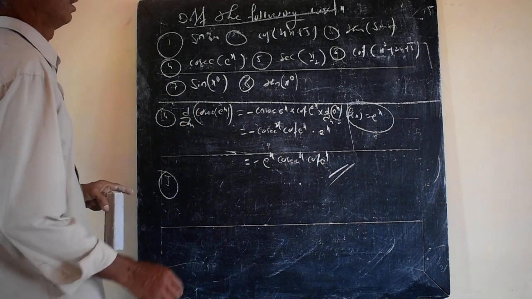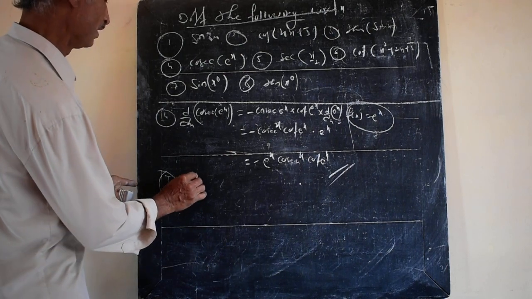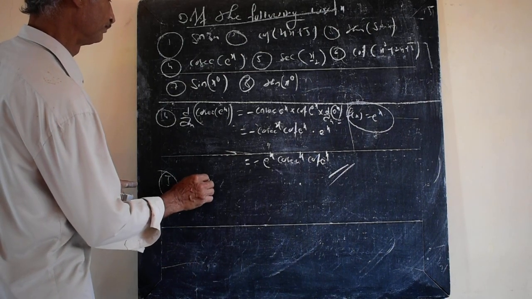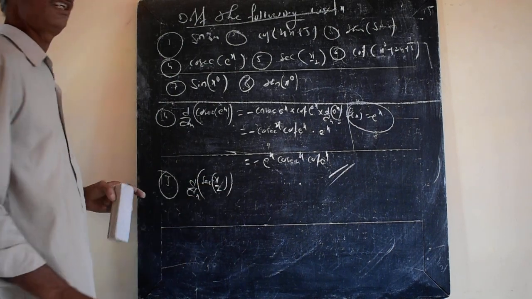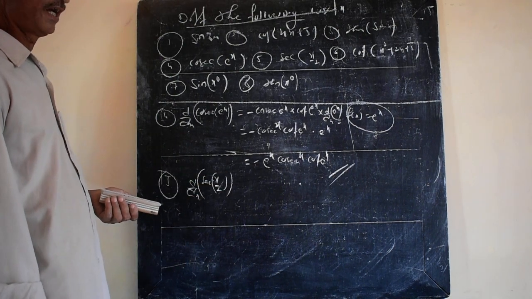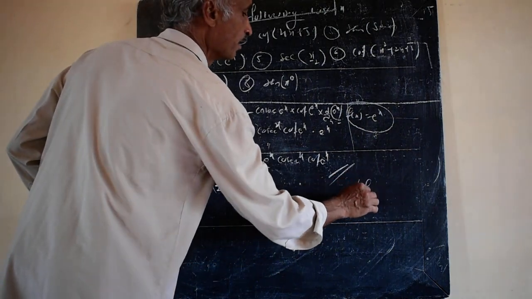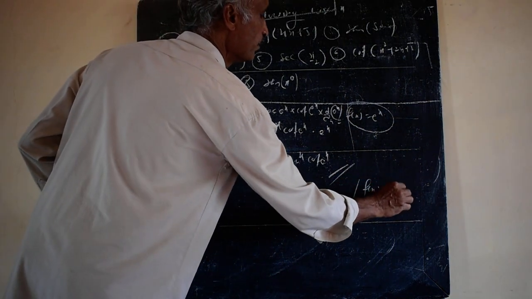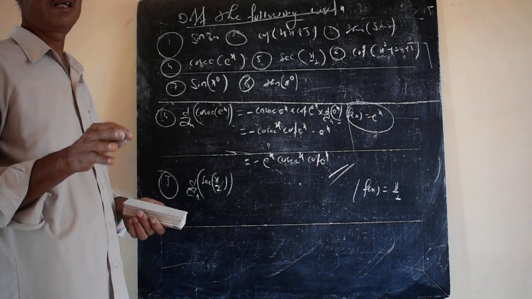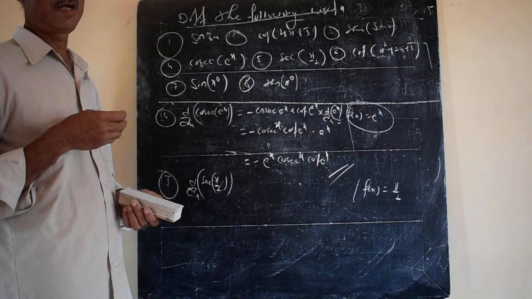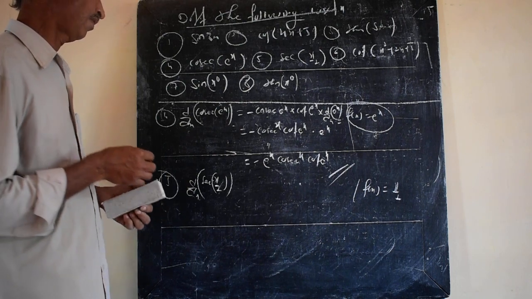Okay. Next one, fifth one, d by dx of sec x by 2. So here, f of x is x by 2. F of x is what? X by 2. So here, simply x is not there. In place of x, x by 2 is there. I told you, along with x, even minus is there, or constant is multiplied, that should be taken as f of x.